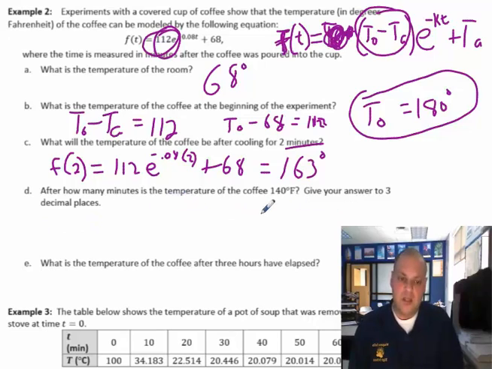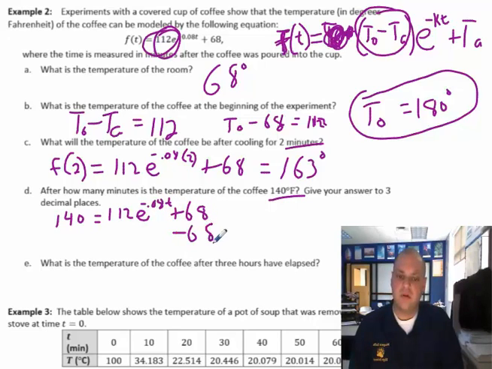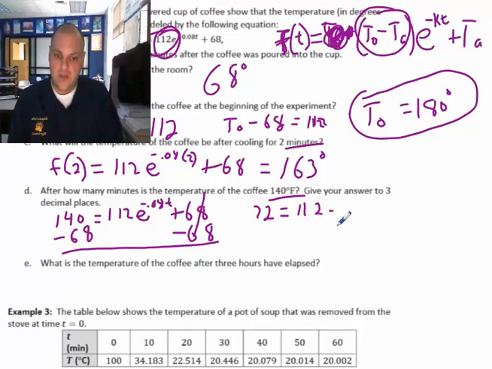After how many minutes will it get to 140? So 140 is my f of t now. 140 equals 112 e to the negative 0.08 t plus 68. Again, just like our last example, 140 minus 68, so we get 72, equals 112 e to the negative 0.08 t. Divide by 112.